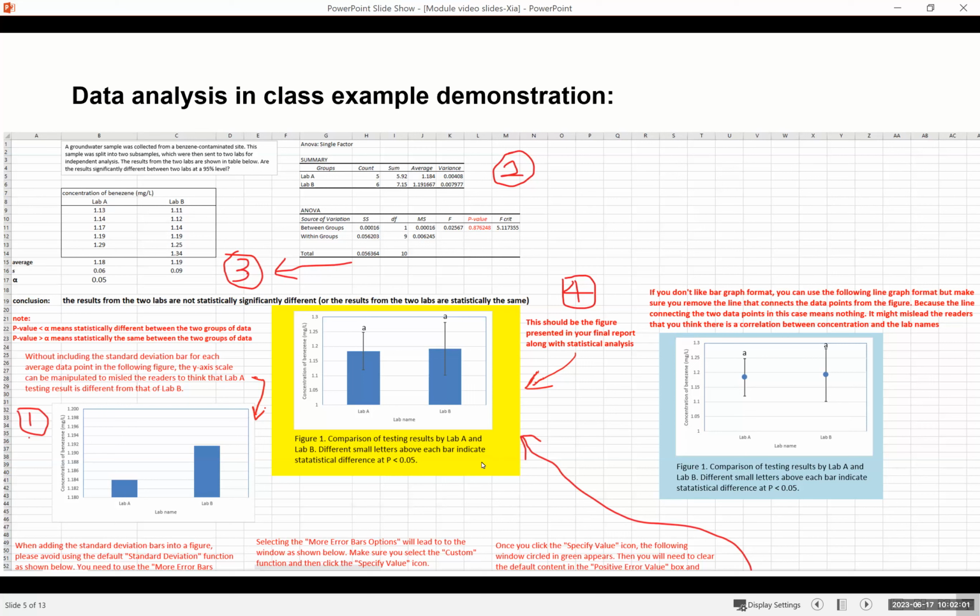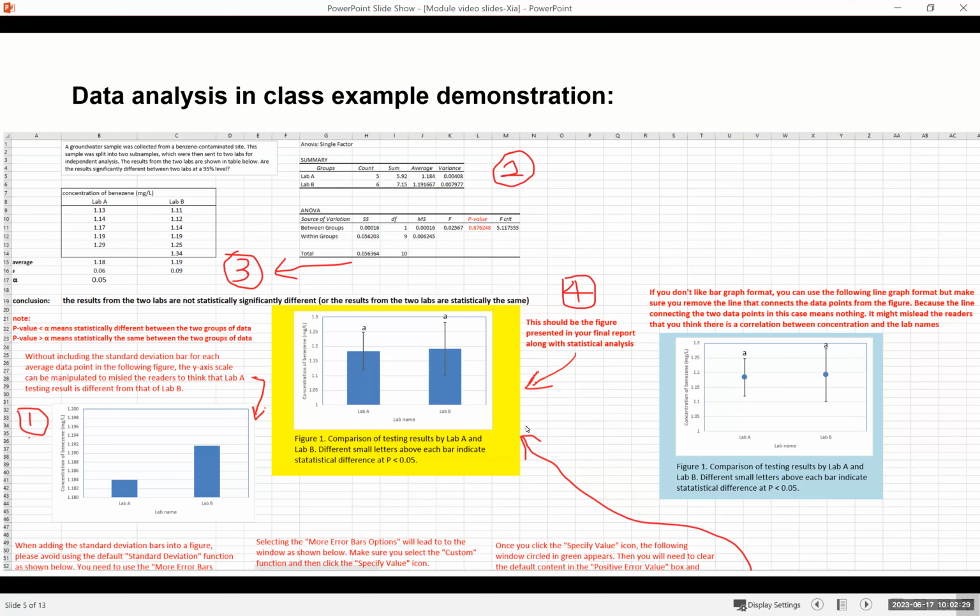So from this graph, as you can see, there's no statistical difference, as indicated by the data analysis as well as the proper graphic demonstration. And I also demonstrate to them that you can use a bar chart or a dotted chart.